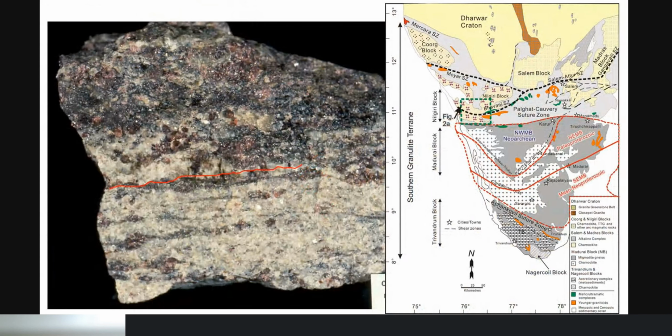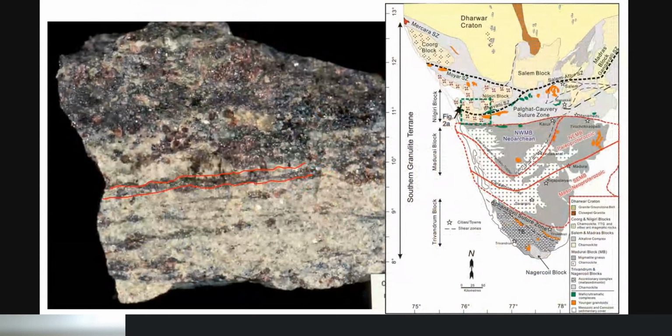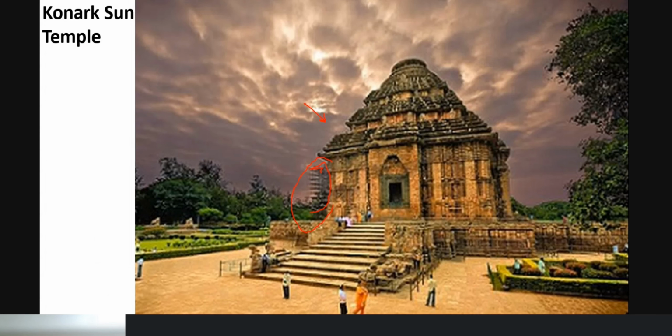Here you see khondalite. How is it formed? This temple is in Odisha, and the stones for this temple have come from Tamil Nadu, from what geologically we call the southern granulite terrain, and the age of this particular stone is greater than 2000 million years.